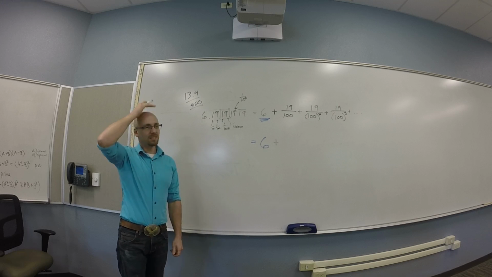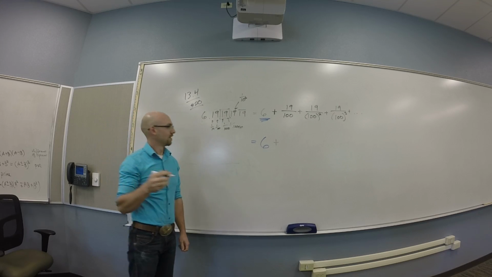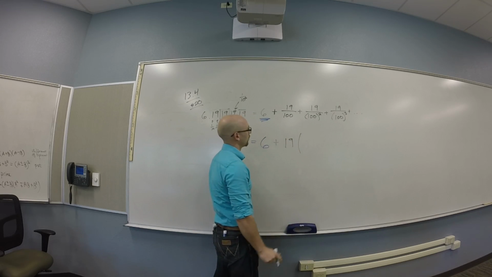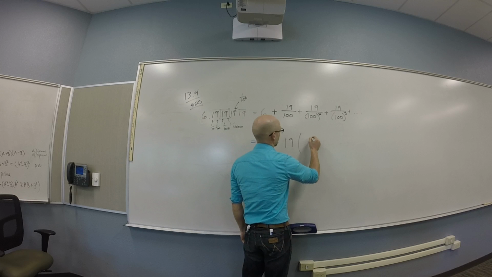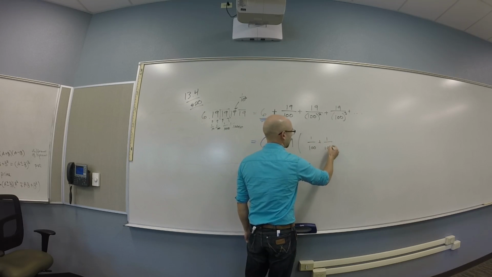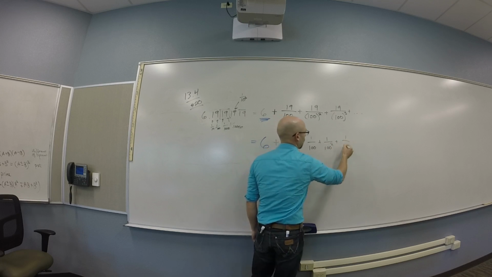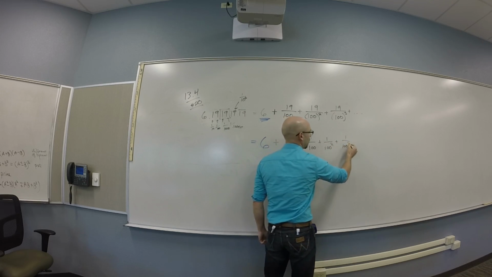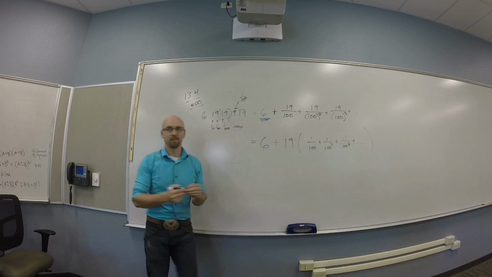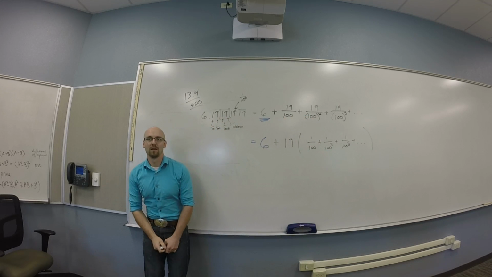There's a 19, and then I'm multiplying 19 by 1 over 100 plus 1 over 100 squared plus 1 over 100 cubed, and so on, right? So it'd be 19 times the sum of (1 over 100) to the power of n.